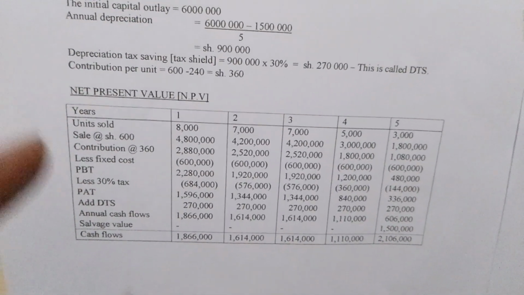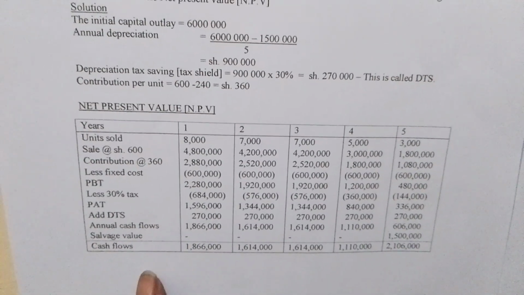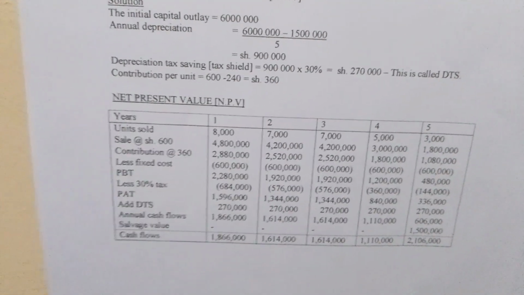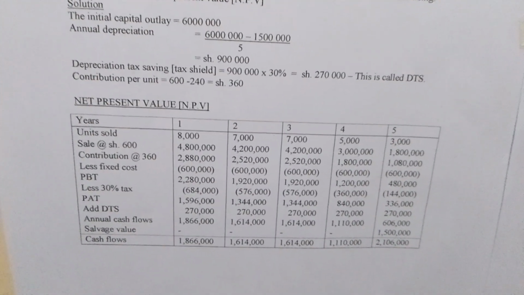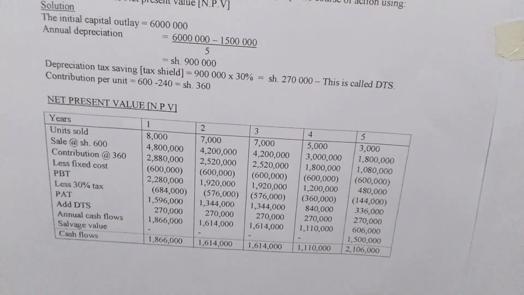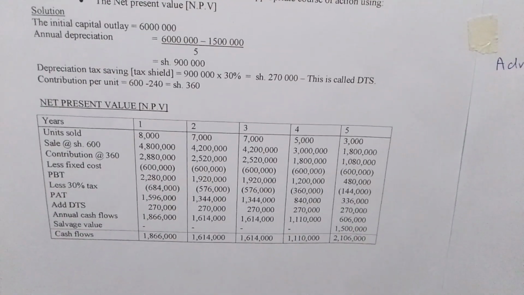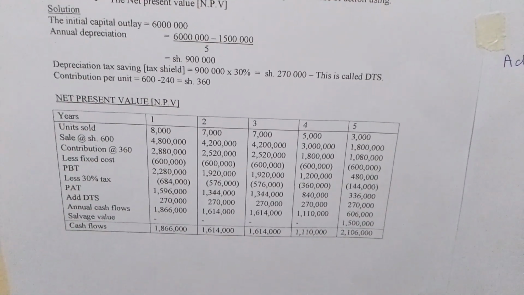Now, again, if you want to get these annual cash flows, you can take earnings before depreciation and tax, you multiply by 1 minus tax, plus DTS. You will arrive at the same answer.